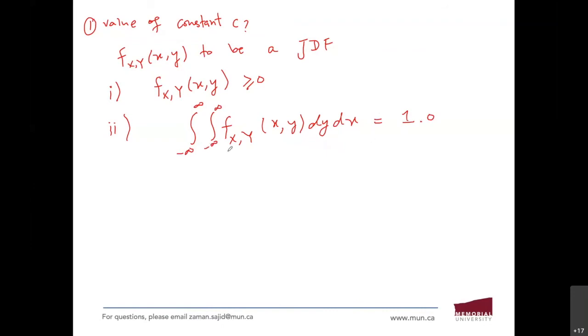Now this function he already mentioned in our statement. This is C times x squared minus 4 times y squared minus 9, and we need to integrate it with respect to y and x.